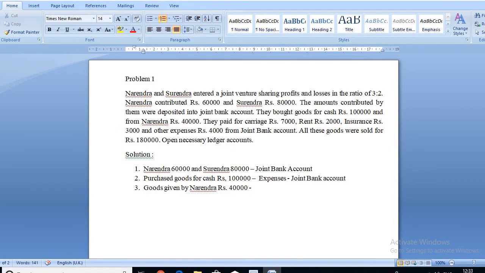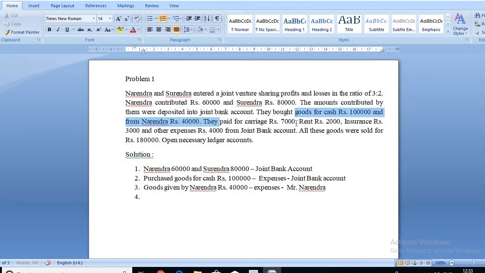So this is also an expense. Who will pay for this expense? They said here that Narendra will pay rupees 40,000, so this expense will be paid by Mr. Narendra.